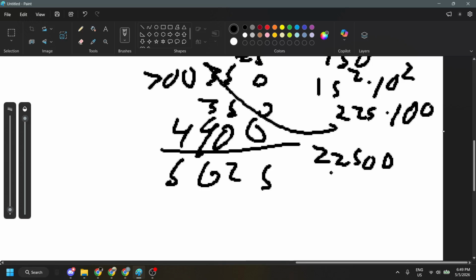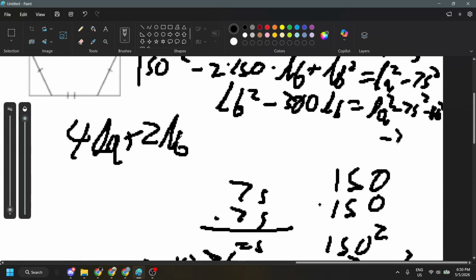Add these together, and we get 28,125. So minus 28,125.